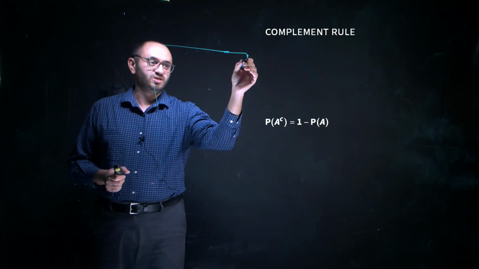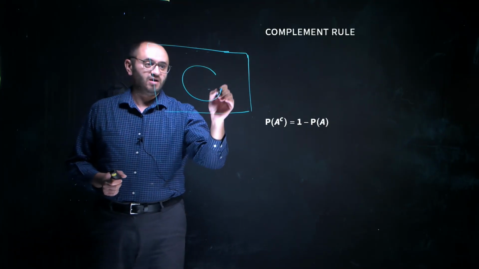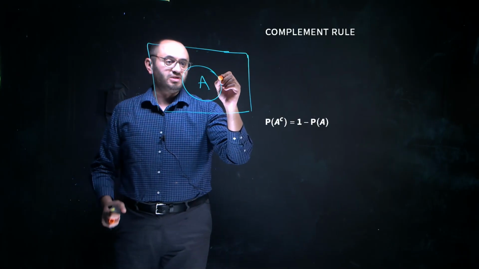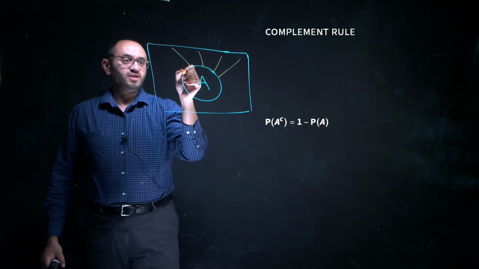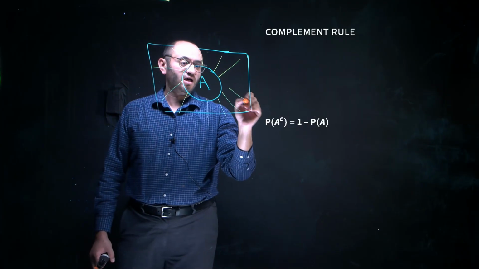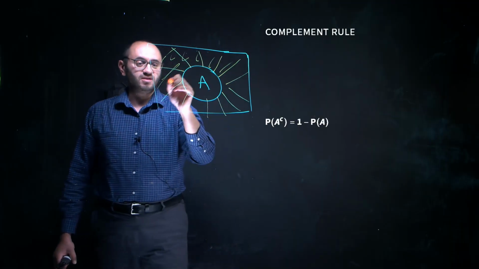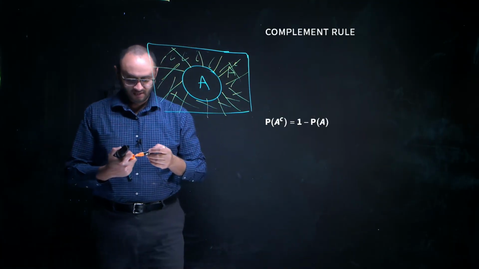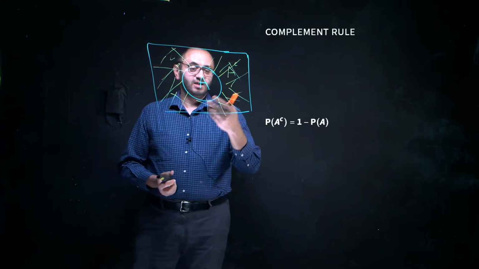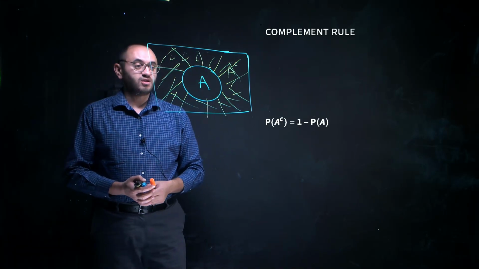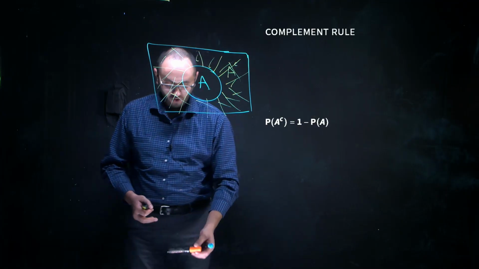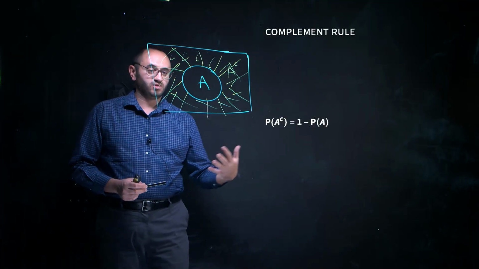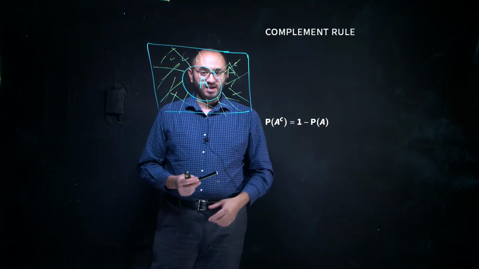Suppose we have a sample space here, and we have the set A, and we have the complement of A, which means all of the elements in the sample space that are not in A. So everything outside of A is called A complement, for example, right? Now, as you see, A and A complement are disjoint events or mutually exclusive events because there is no overlap, no common elements in A and A complement.